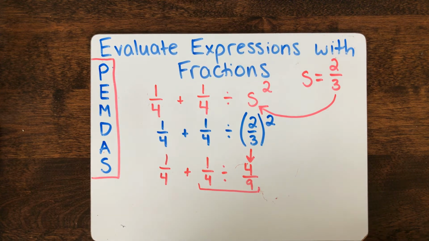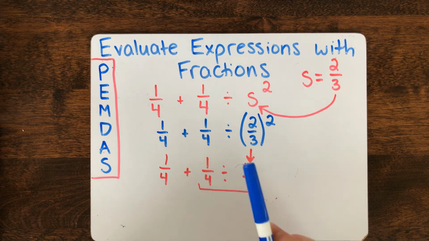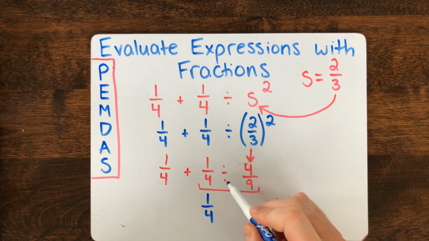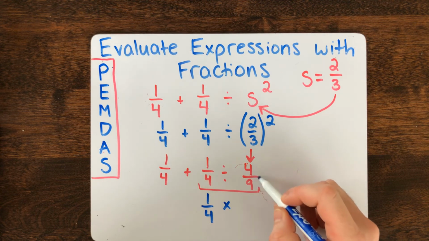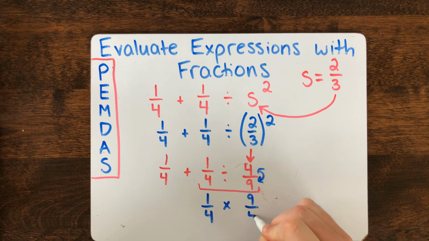Now, whenever you have a fraction and a division sign, you always do keep, change, flip. So keep the 1/4, change the division to multiplication, and flip, or find the reciprocal of, 4/9, which is 9/4.